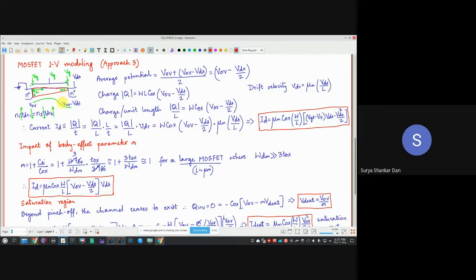If the depletion on the drain side goes on increasing, what will happen? You do not even require any inversion, that means any free electrons in the channel, in order to balance the positive charges on the gate terminal.